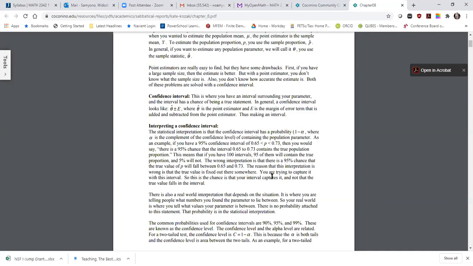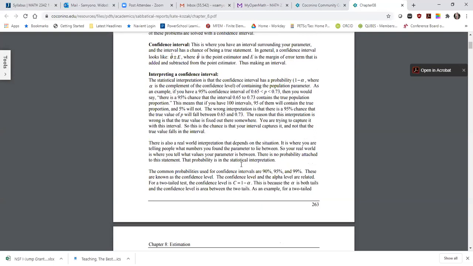So the correct statement is there is a chance that the interval contains the population proportion, not that the true population proportion falls in it. Okay, so this is what happens. The common probabilities used for confidence intervals are 90%, 95%, 99%.